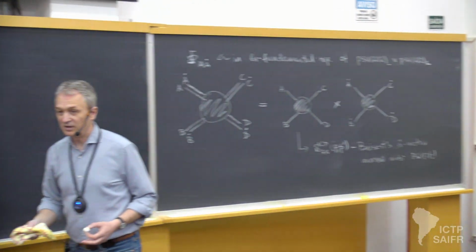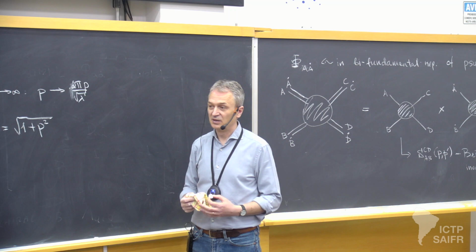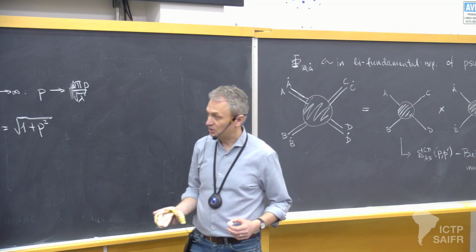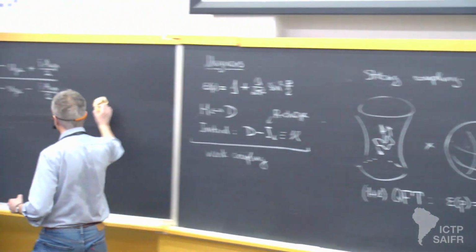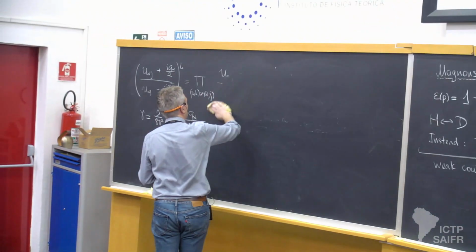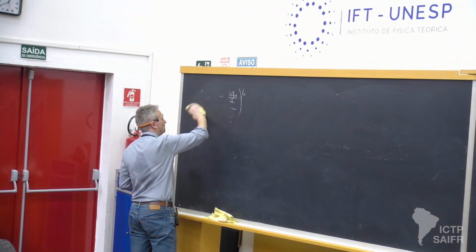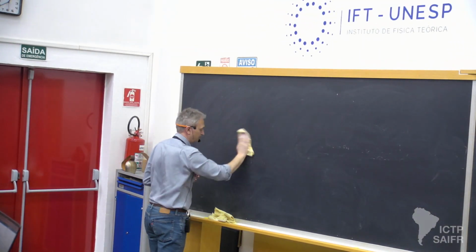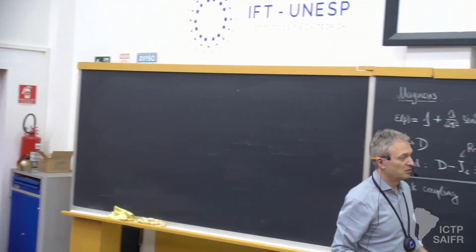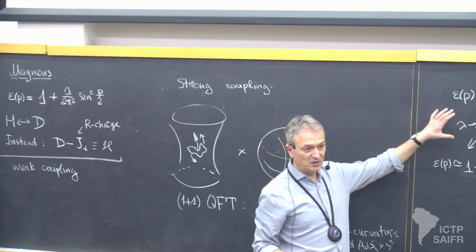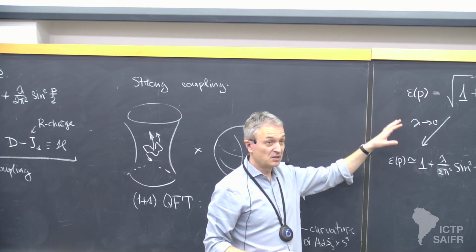So there is a nice way to package this kinematics, which allows us to write down the Bethe equations in a nice way. As I said, the dispersion relation is somewhere in between relativistic and lattice.